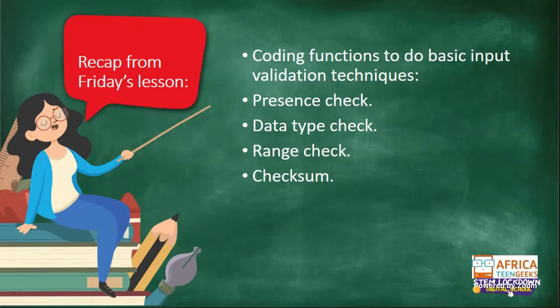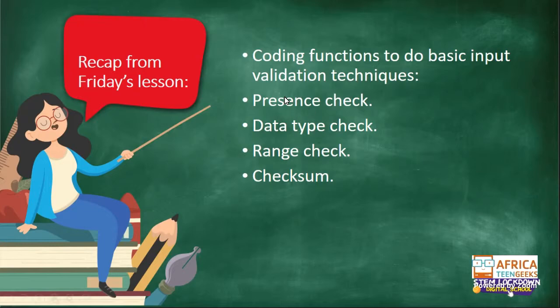If I'm expecting a string, did you type a string? If I'm expecting an integer, did you type an integer, and so on. And then the range check to check if a certain range of integers has been selected. Like my example for grade. If you have to enter grade as an integer into an edit, I'm expecting you to enter something in the range of 1 to 12.